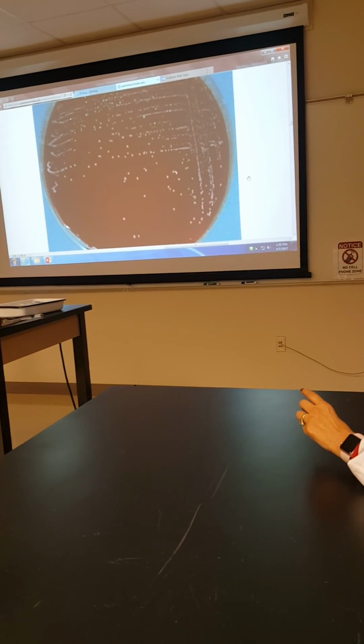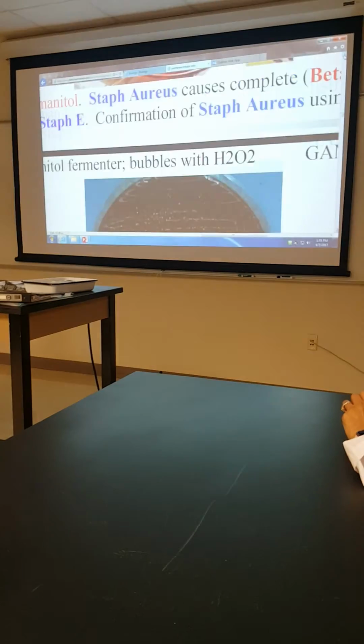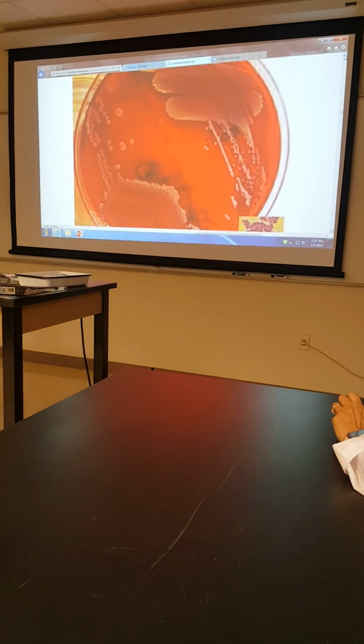What type of hemolysis is shown on this plate? Gamma, which is no hemolysis at all. What type of hemolysis is shown on this plate?